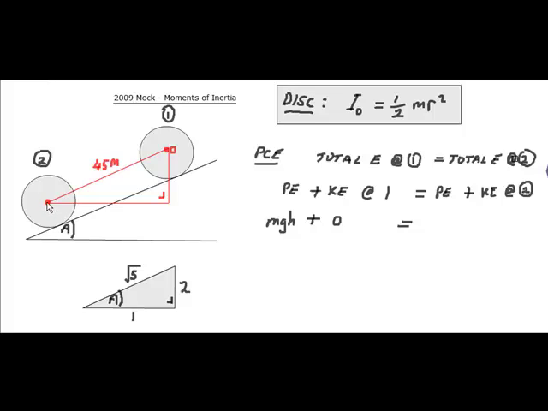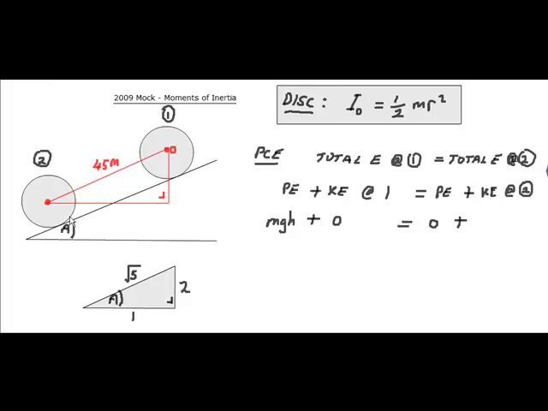So we've got the disk at this position here, center of gravity is the center, so we'll pick that line along here as our 0 height. So this is the height 0 along here, which means that the potential energy at this position, if you take the height as the center of gravity, is 0, because it's mgh, where h is 0.